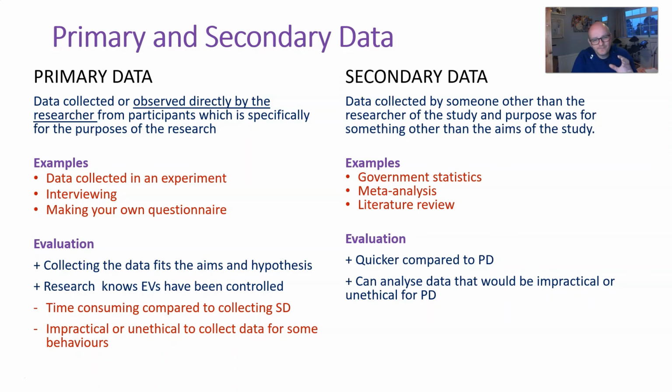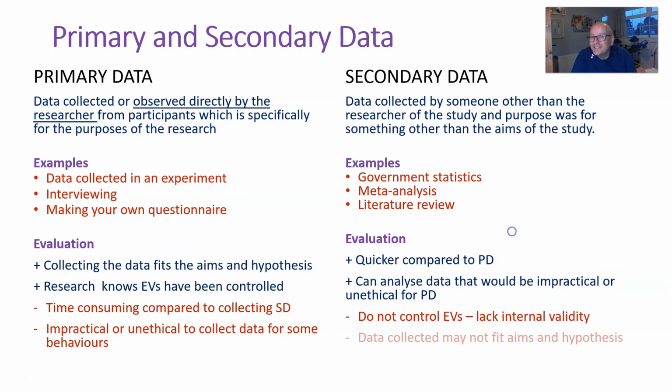Right. Okay, so great. What's the problem? Doesn't control extraneous variables, so you don't know if actually the data you're getting is valid because you haven't collected it. And also it just might not fit the aims. They might be doing something else.